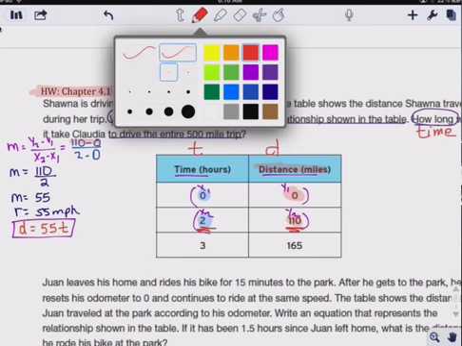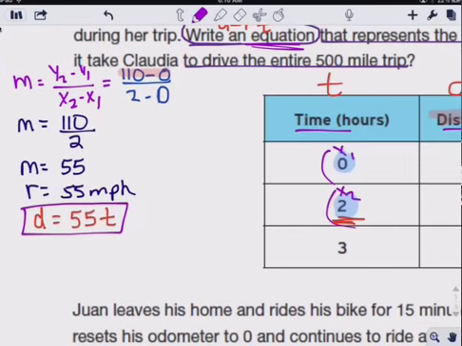so you would say here, how do you know your equation is correct?